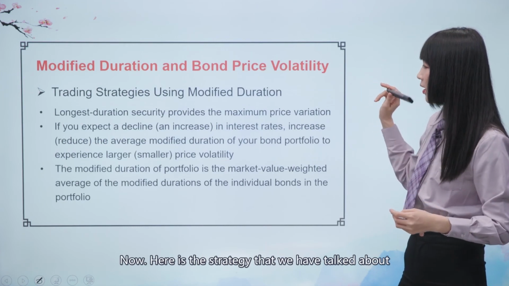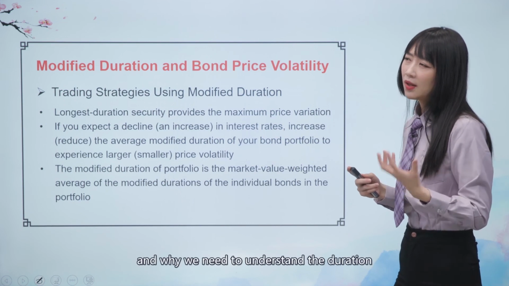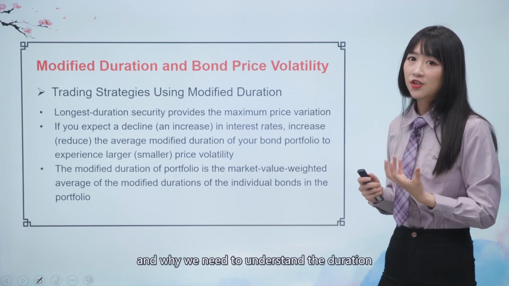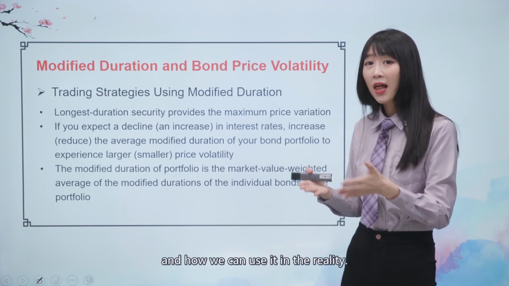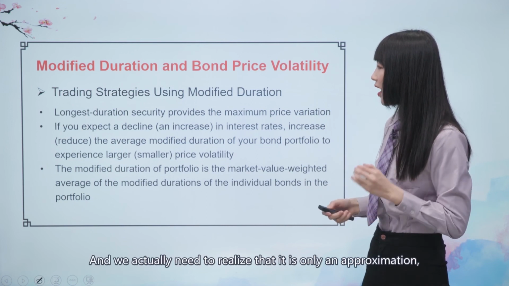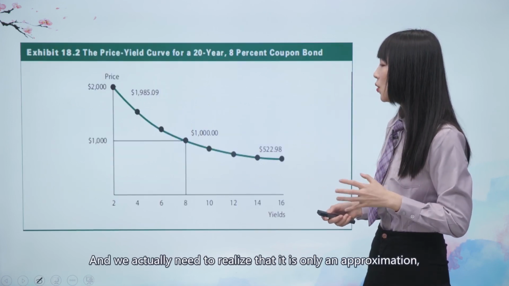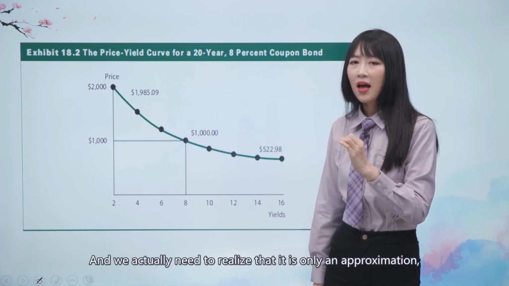Here is the strategy that we have talked about, or let's say why we need to understand the duration and how we can use it in reality. And we need to realize that it is only an approximation.